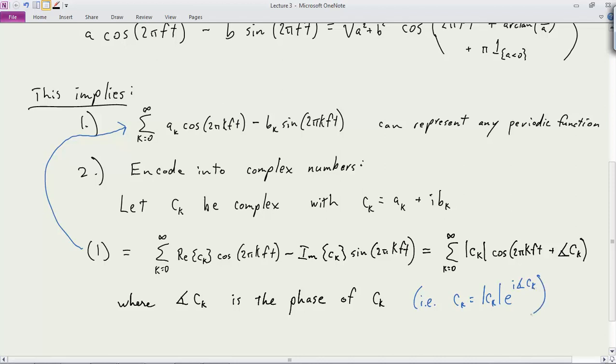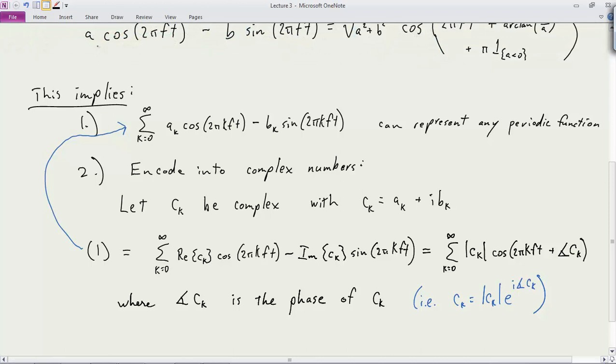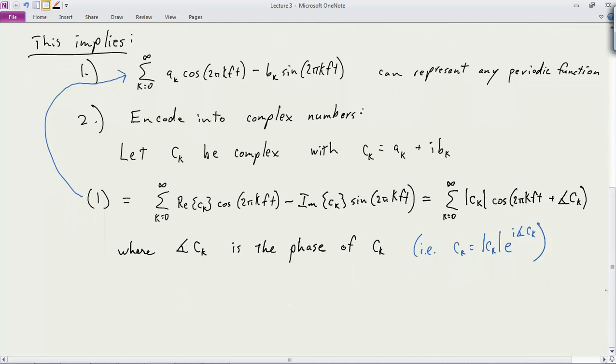All right, so that's what we mean by that symbol. Okay, so now we see a way of mapping between this cosine with shifts versus a cosine plus a sine. All right, that's not the most important thing to take away from this. What is the most important thing is that we could use Euler's identity here.